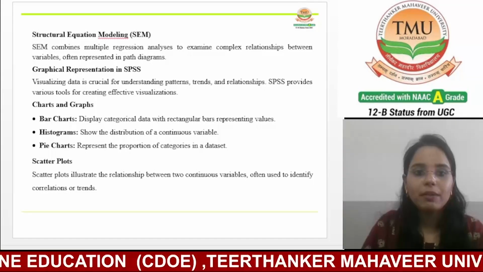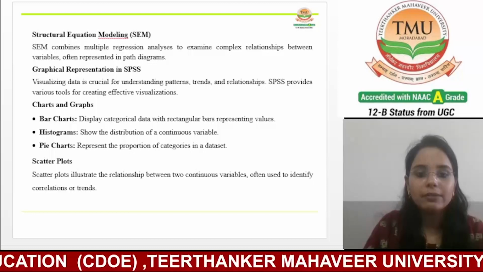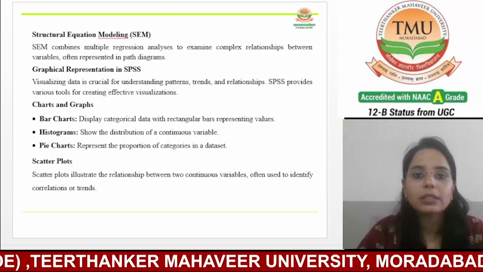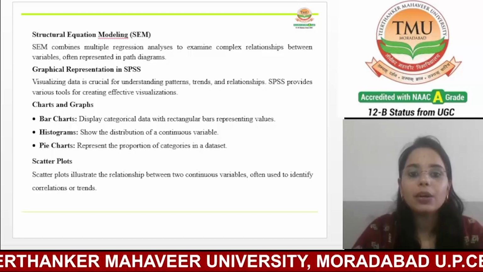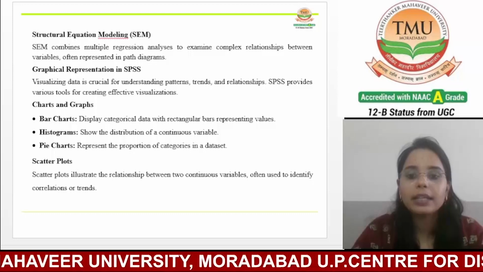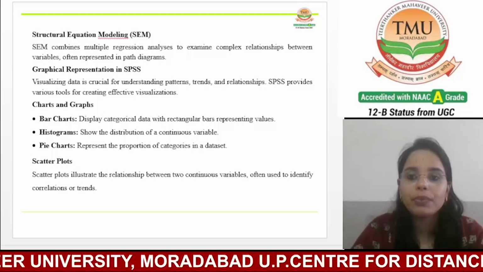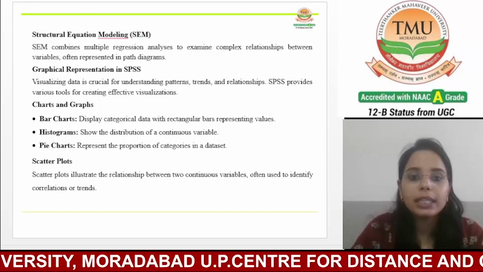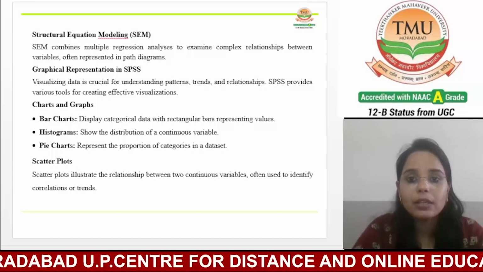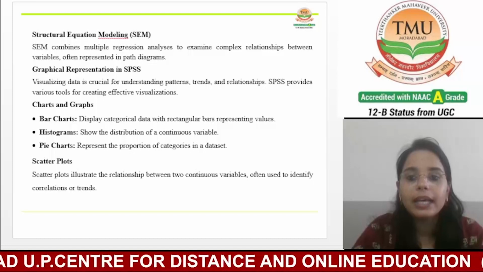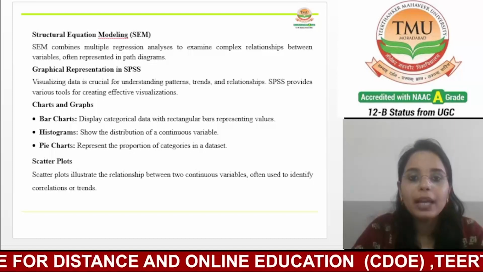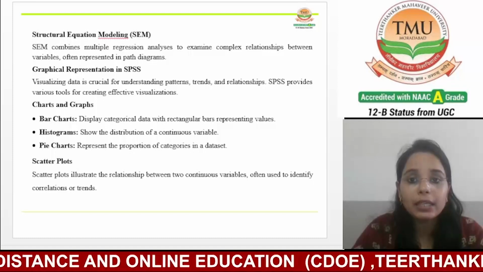So if we talk about charts and graphs, as you can see, the first one is bar charts. Bar charts are common graphical tools used to display categorical data. In a bar chart, each category is represented by a rectangular bar with the length or the height of the bar proportional to the value or the frequency of the data category.